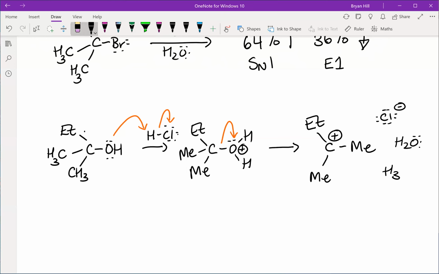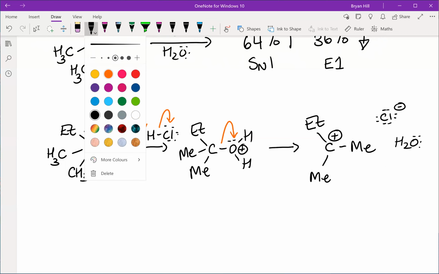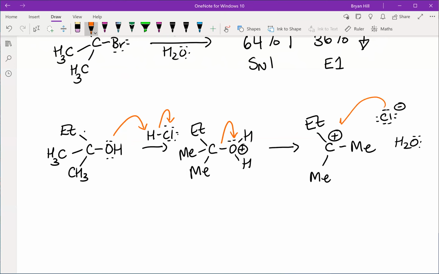No, you don't. And then the chloride is a much better nucleophile than water, so it comes in and attacks. And it's not a base, right? Chloride's not a base. So you would get more SN1 versus E1.